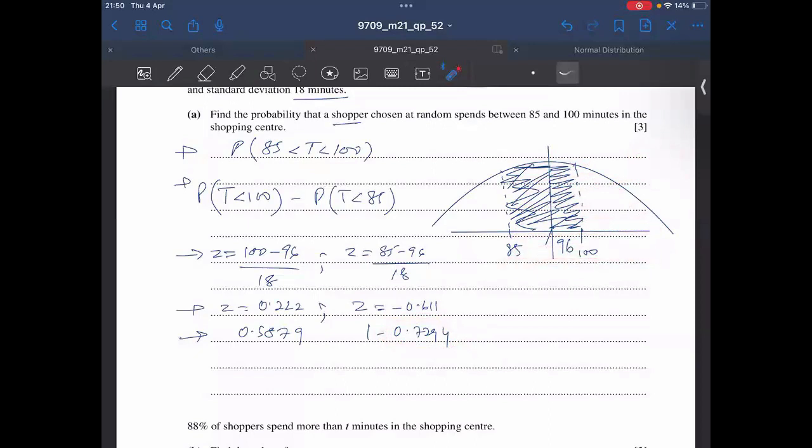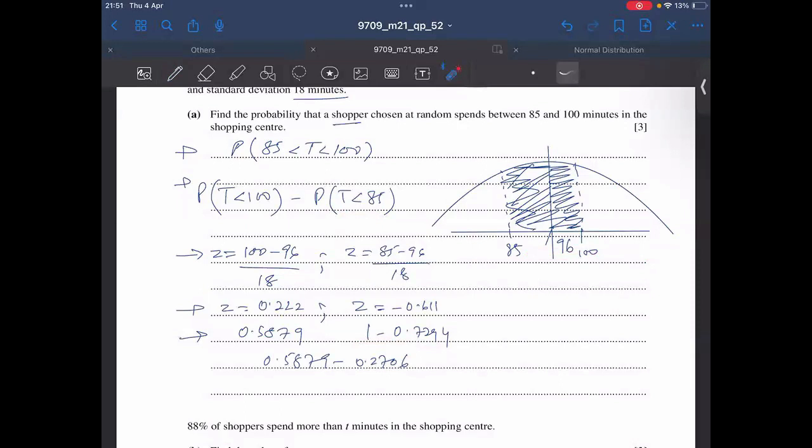But that is what we don't require. We require the probability of t less than 85, as per the expression we have written. So we need to subtract it from 1. And after subtracting it from 1, we get 0.2706.